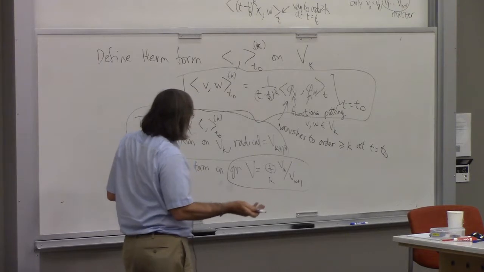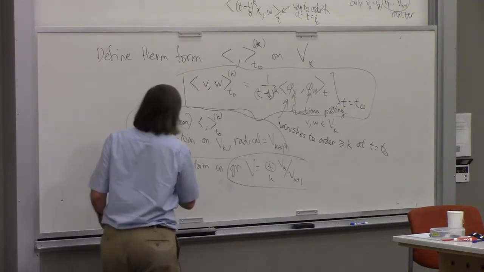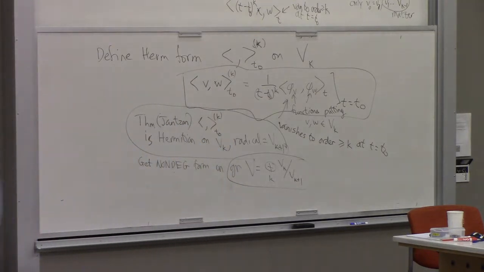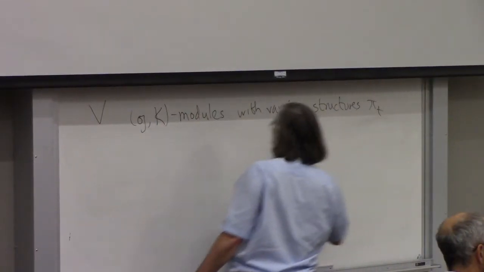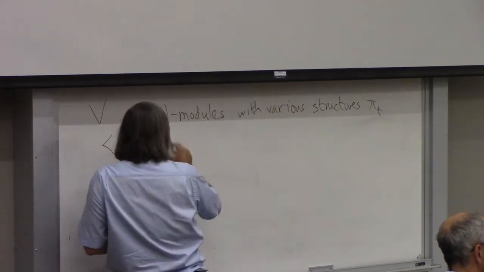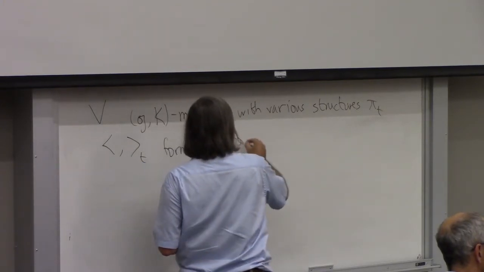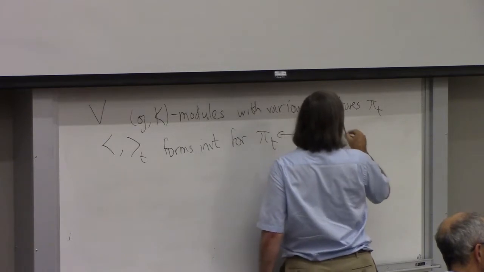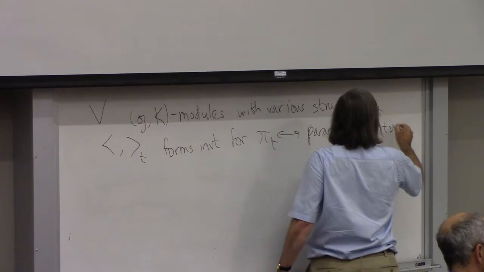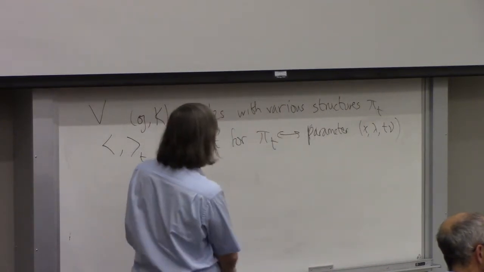So that's the Jantzen idea, and in the representation theory world, what happens is, if V now is these GK modules with these various structures, pi t, and this family of forms invariant for pi t, so this is typically going to be some parameter x lambda t nu, that's the setting that Jeff talked about.